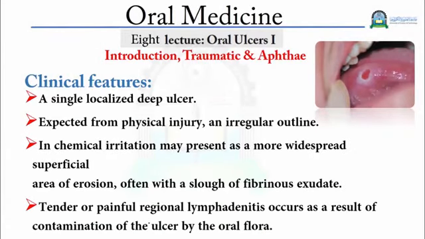The clinical features of traumatic ulcerations: they will present in the oral cavity as a single discrete, localized deep ulcer, expected from physical injury, with an irregular outline. Chemical irritation may present as a more widespread superficial area of erosion.